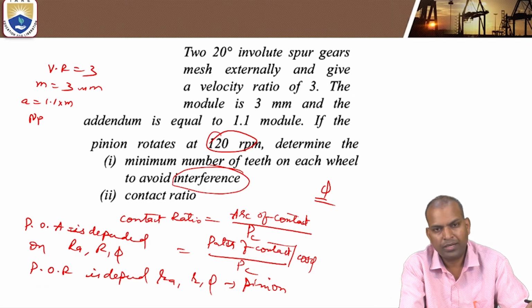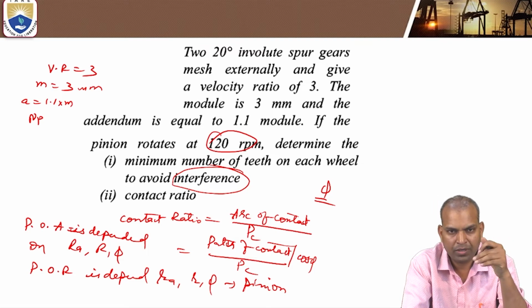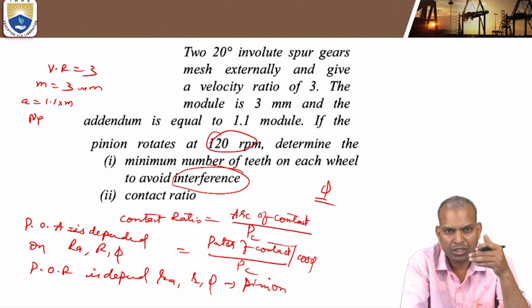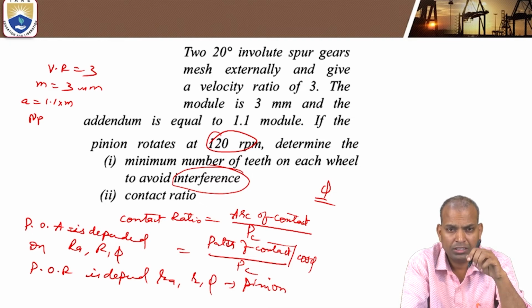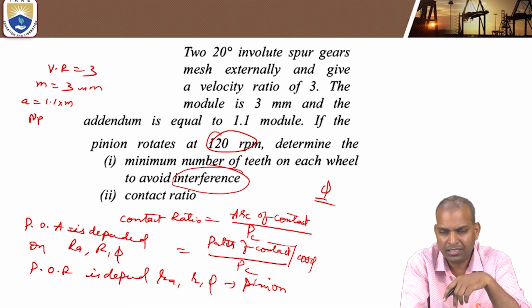The distance from the beginning of engagement to the pitch point is known as the path of approach, and the path of recess is the distance from the pitch point to the end of engagement. The sum of path of approach and path of recess is known as the contact length or path of contact. If you draw this complete path of contact as a straight line, it gives the line of action.